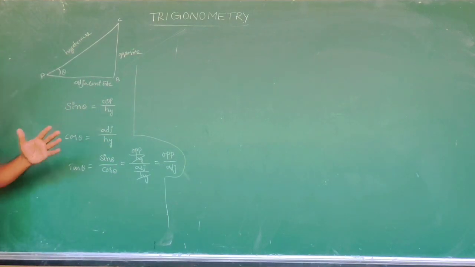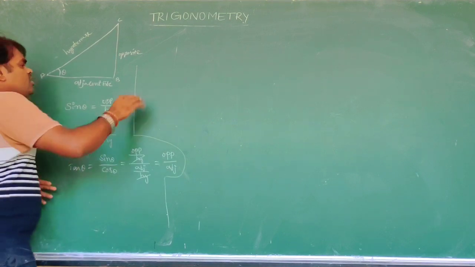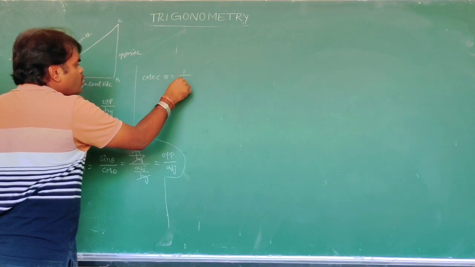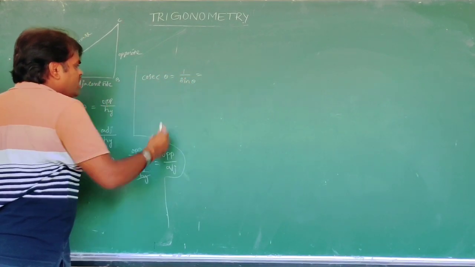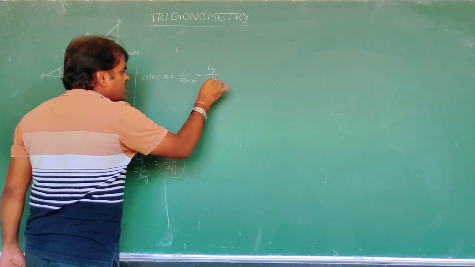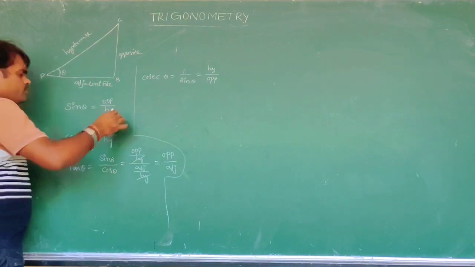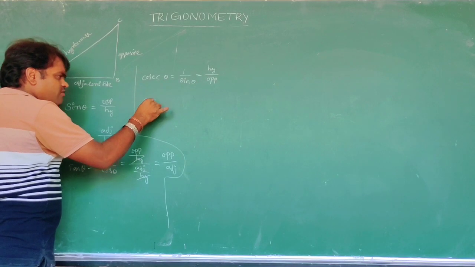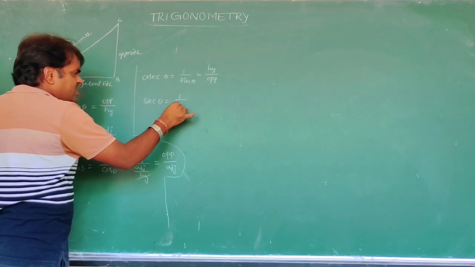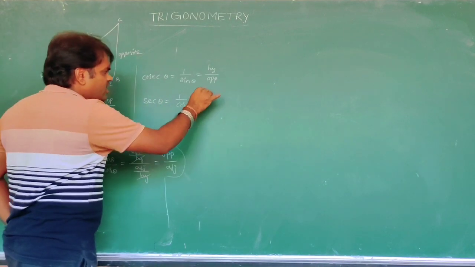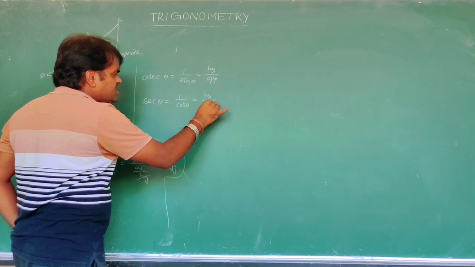And the reciprocals of these ratios. Reciprocal of sin theta is cosecant theta, that means hypotenuse by opposite side. Reciprocal of cos theta is secant theta, that is hypotenuse by adjacent side.